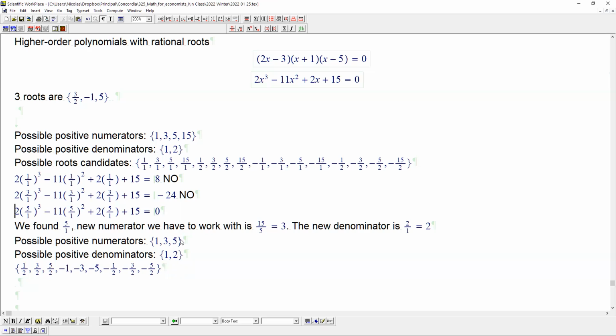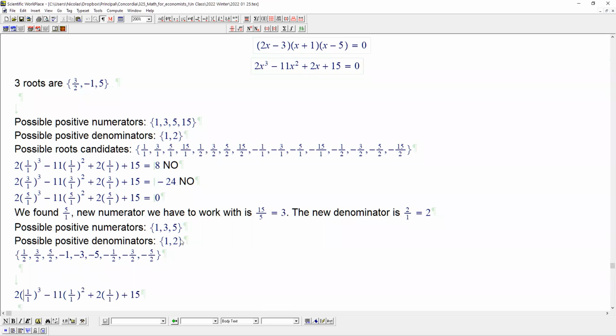All right, so we continue our journey and we try stuff. I'm going to show you later another way you could do it to simplify your life, but it takes a bit of time before. So let's try with 1/2.